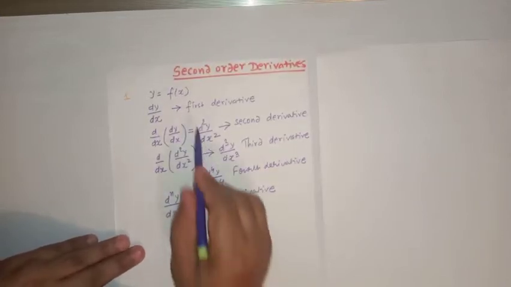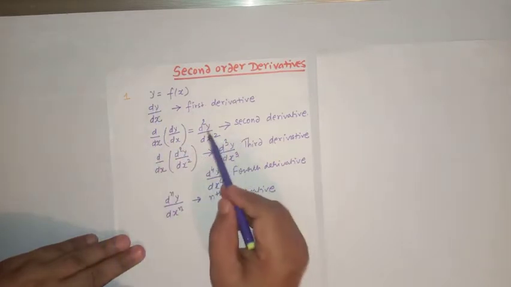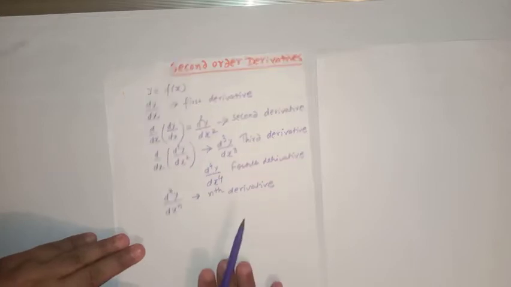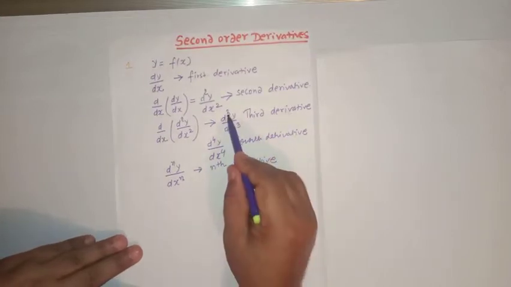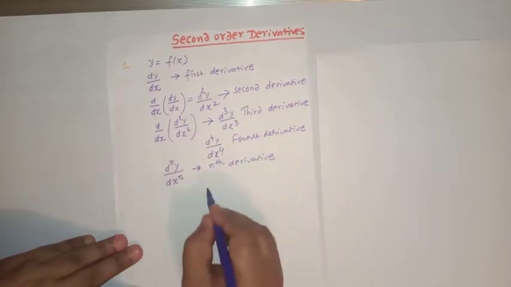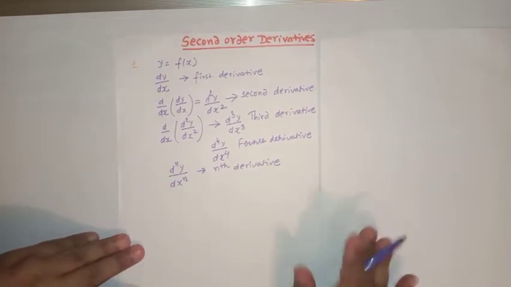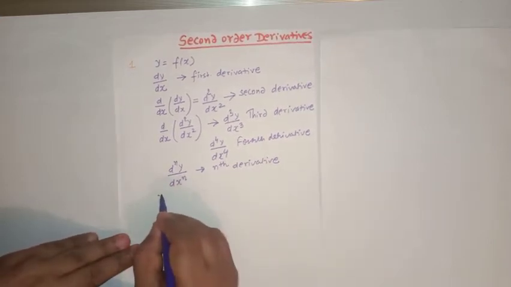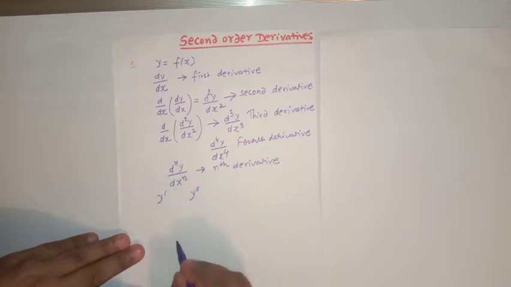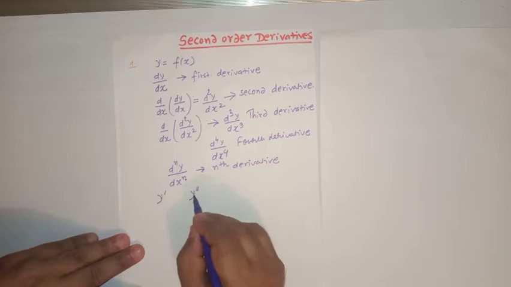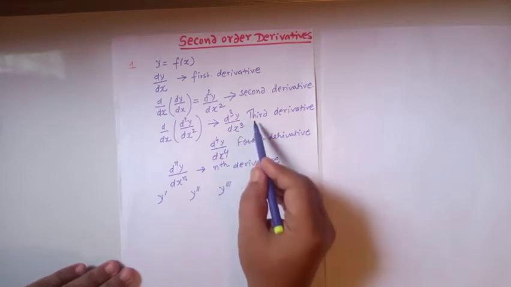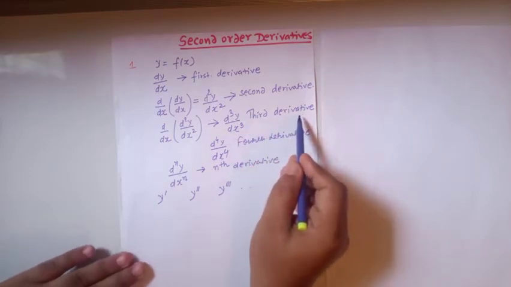So the notation for the first derivative is dy over dx. The notation for the second derivative is d2y over dx2. Similarly, the third derivative is denoted by d3y over dx3 and so on. So the derivatives can also be denoted as y prime is the first derivative, y double prime is the second derivative. Now y triple prime is the third derivative, right?